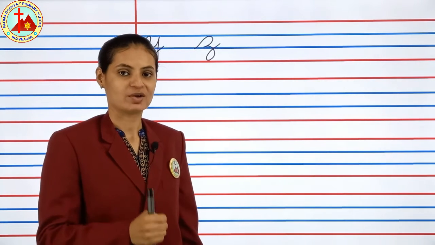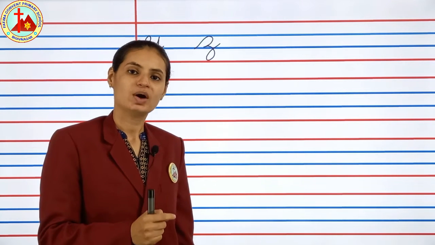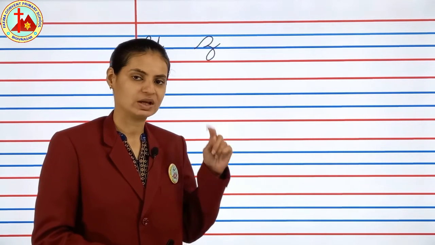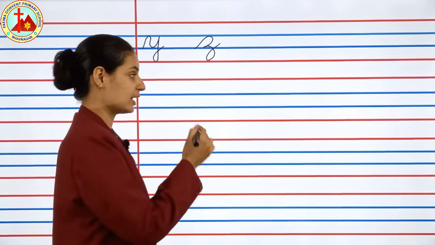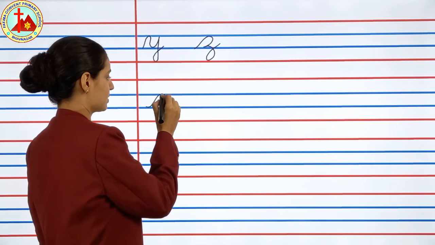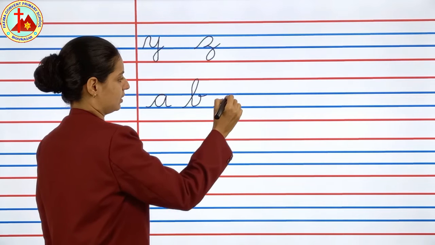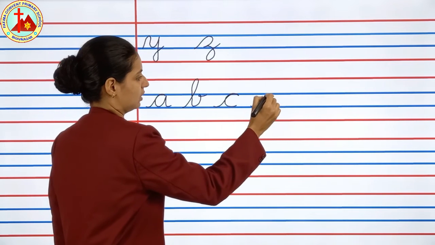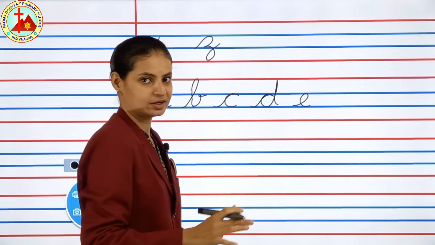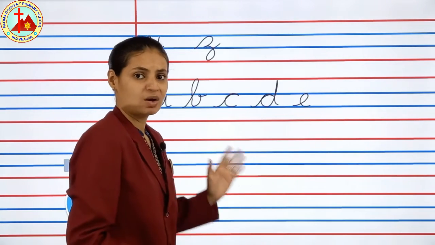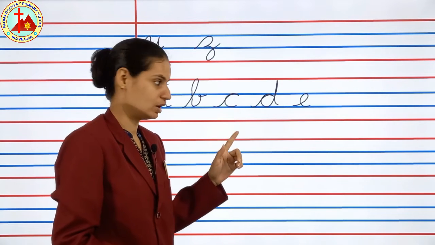Now children, very important instruction, as I told you in the beginning also, you have to leave gap of one finger between each letter. Now, if I find you are writing like this and making mess altogether, A, then B, then C, D, like this continuously on and on, and then you make all the mess in 2-3 lines and you complete all the letters, that will not look good.